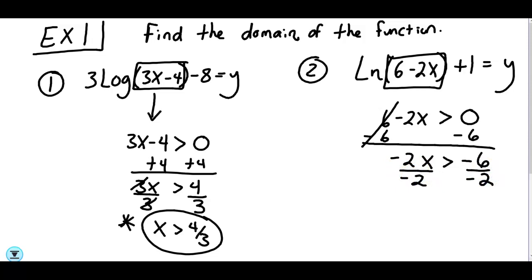And this is where the interesting part happens, something you want to keep in mind. -6 divided by -2 is 3, but when you divide by a negative, that inequality flips. That's a rule we've learned and used before. When you're solving for x, if you ever divide by a negative, the little arrow flips.